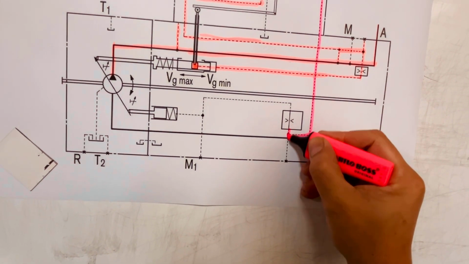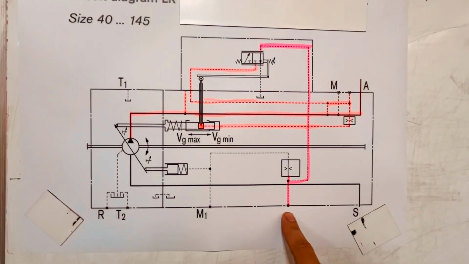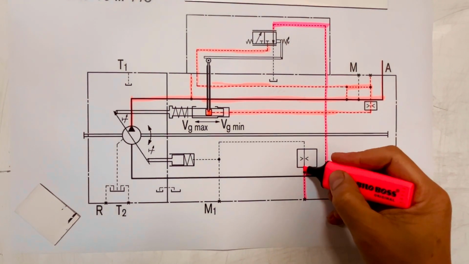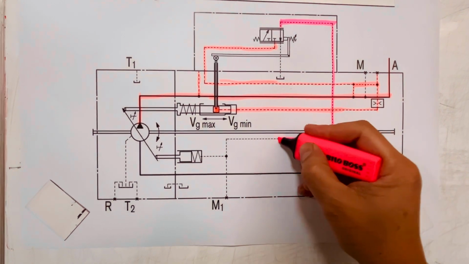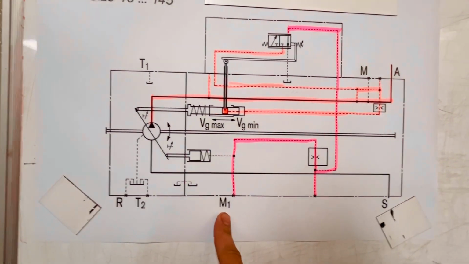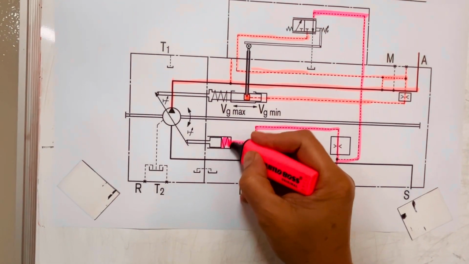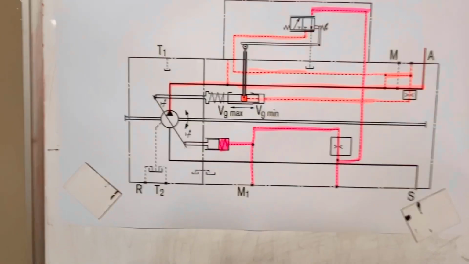You can measure the pressure here if you have a gauge. It goes through an orifice to slow down the stroking time. Also, you can measure here at M1, and then fill that area there.